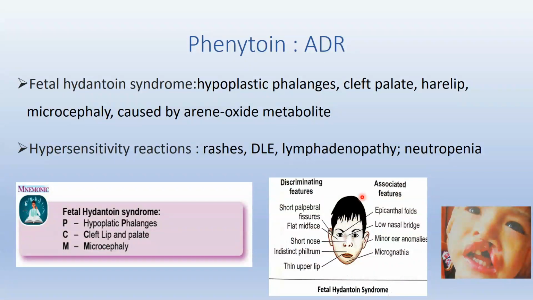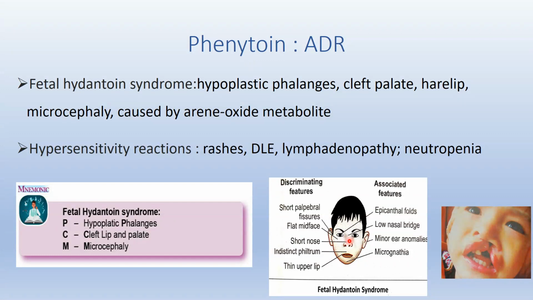The major issue with phenytoin is it cannot be given in pregnant females. Fetal hydantoin syndrome happens in them, which primarily includes hypoplastic phalanges, cleft palate, hare lip, microcephaly, and all these features occur primarily due to the arene oxide metabolite of phenytoin.